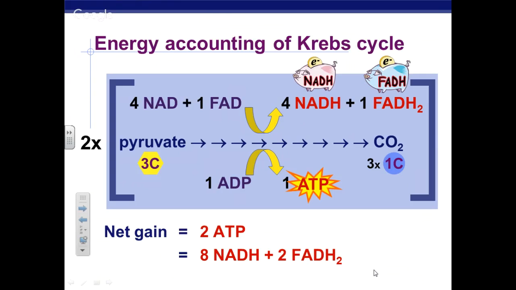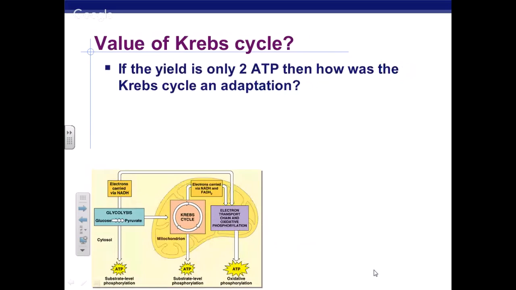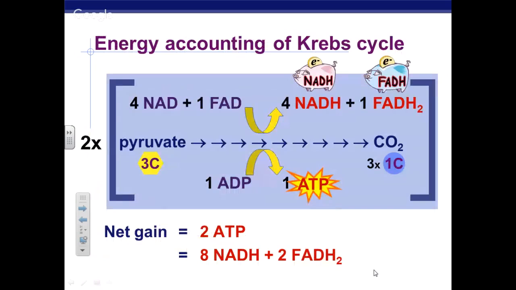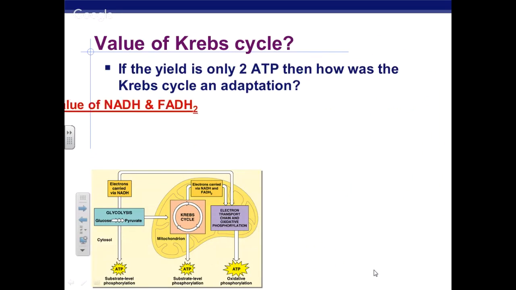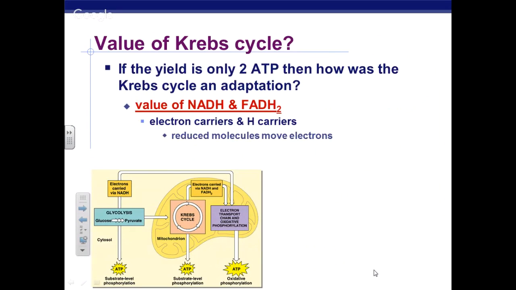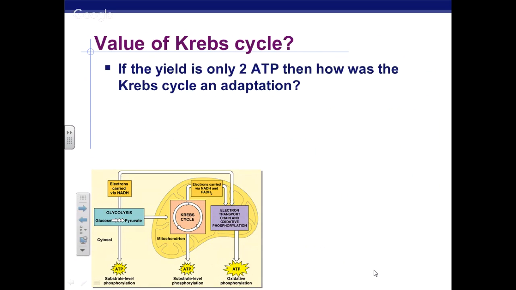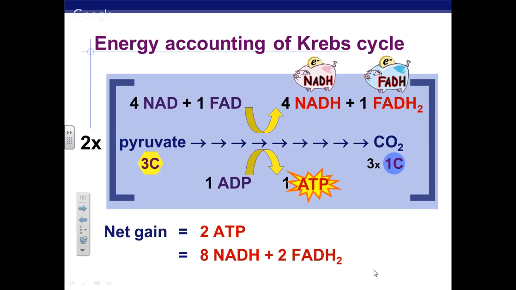You didn't have to know all these details in Bio 1. You said the net gain was the Krebs cycle as well as the pyruvate? Yes, that's where these numbers were produced. So the pyruvate oxidation step plus the Krebs cycle.